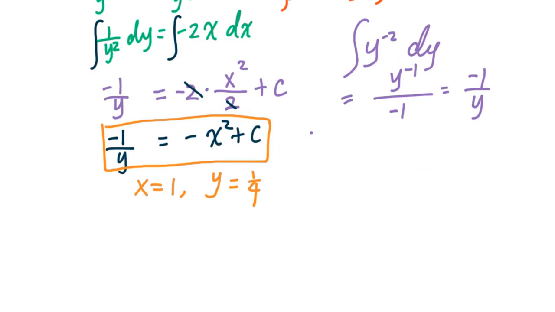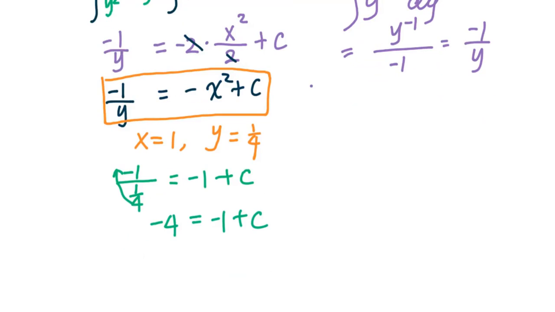Therefore, you will get negative 1 over 1 over 4 equals negative 1 squared is 1 plus c. Jump to the front, you will get negative 4 equals negative 1 plus c. Therefore, c equals negative 3.